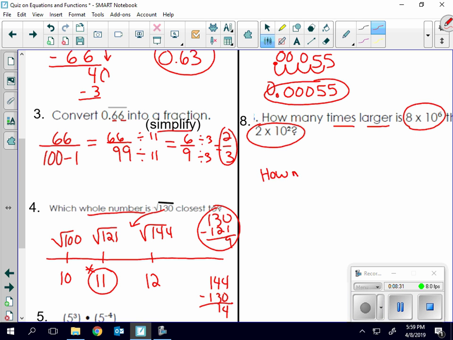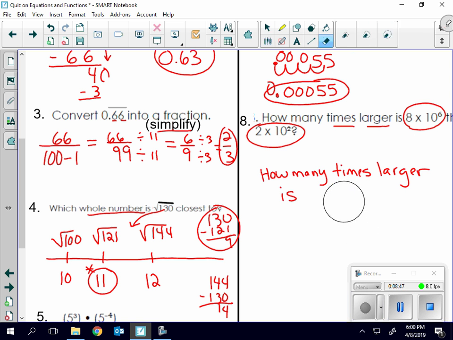How many times larger is 10 than 5? Because 10 is larger, we know that. Well, how many times larger is it? What do I have to multiply 5 by to get 10?